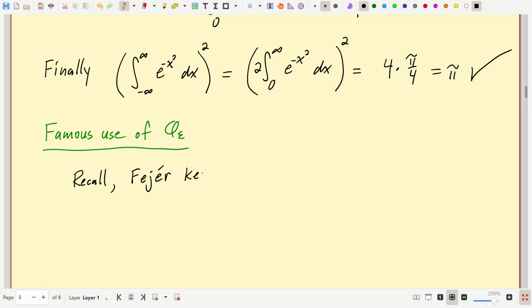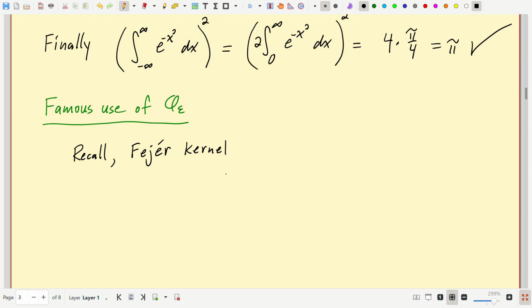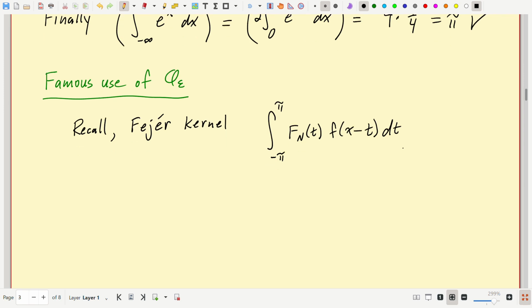Remember, it had a bump, just like that, and we integrated from minus pi to pi of f_n of t times f of x minus t, dt. I didn't make a word for this back when I was doing it, but there is a word for this kind of thing. This is called a convolution of those two functions.